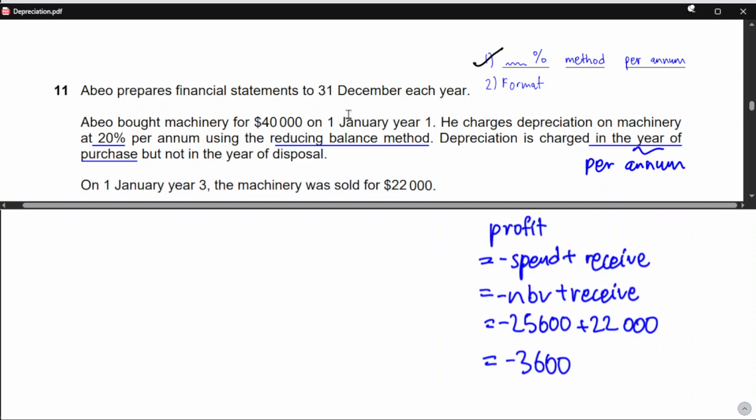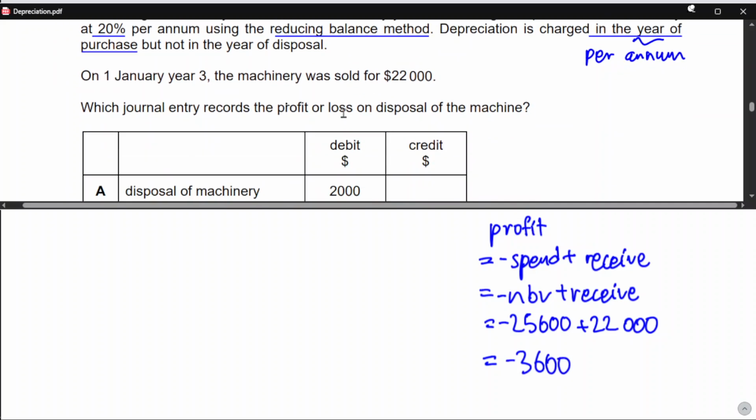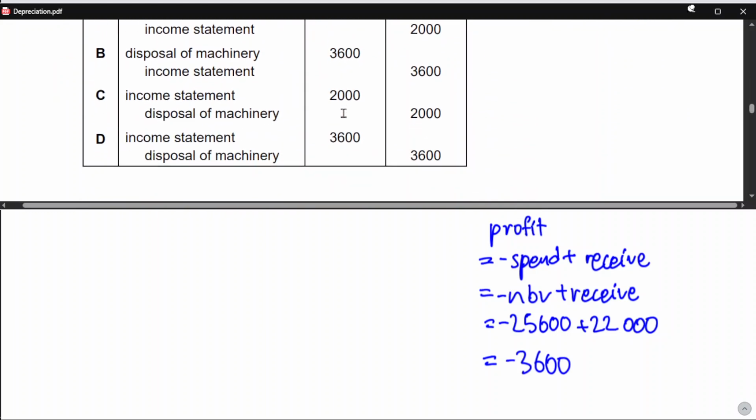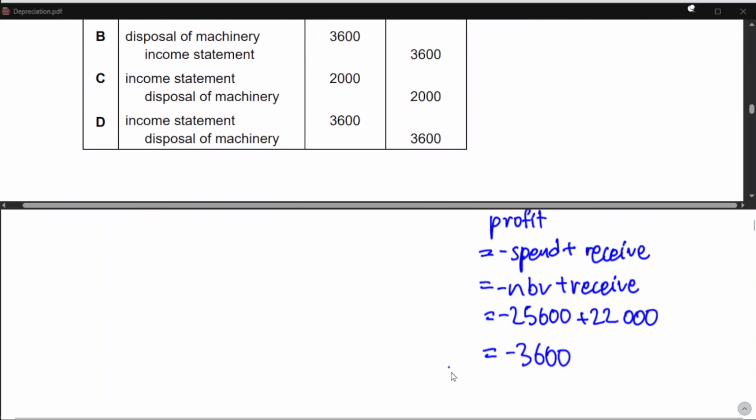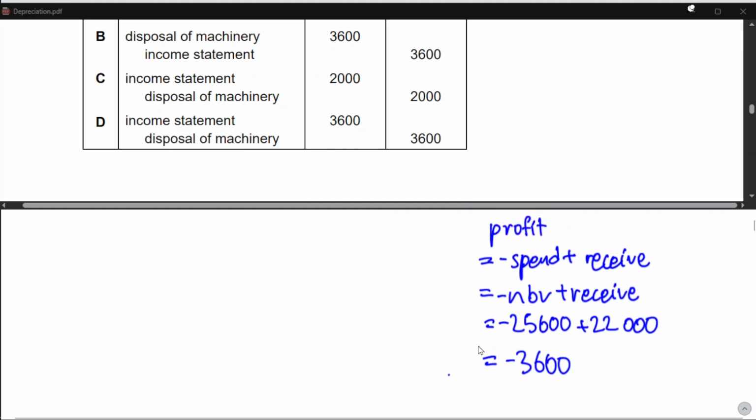This one is a loss, so we debit income. A loss is an expense, so we debit the income statement.